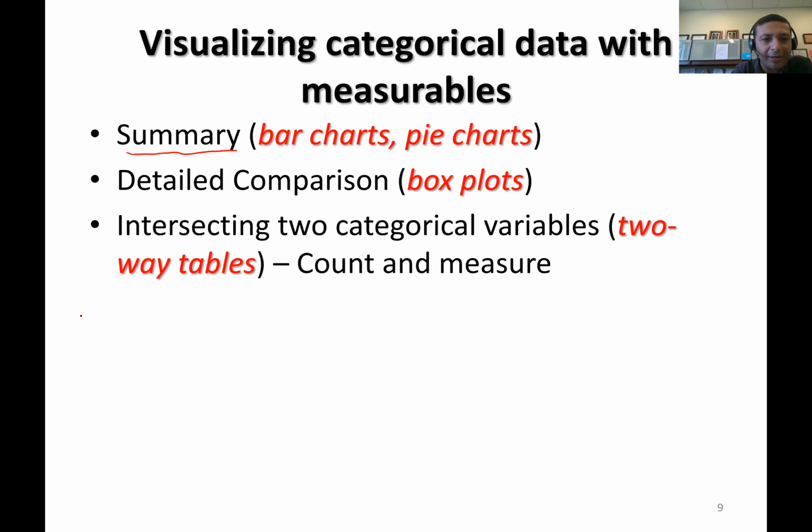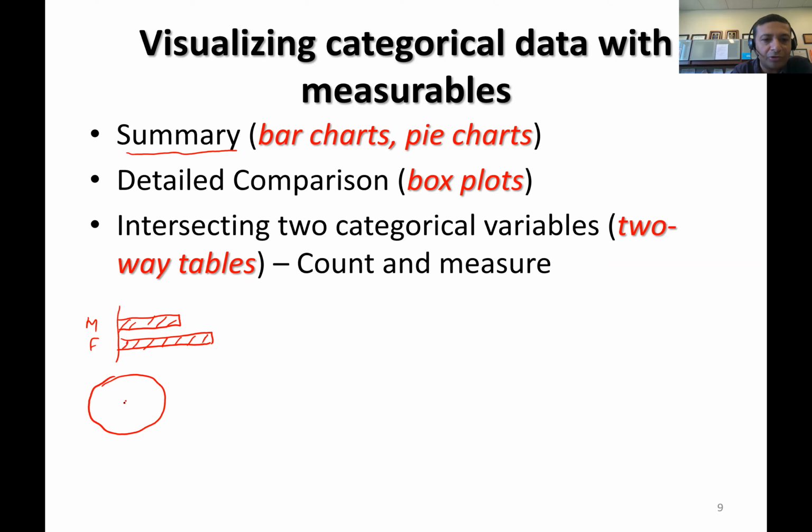If I'm looking into, let's say, males and females, I can do a bar chart of counts, which gives me a synopsis of the fact that I have more females than males in a certain data set. And this can be done in a pie chart as well.